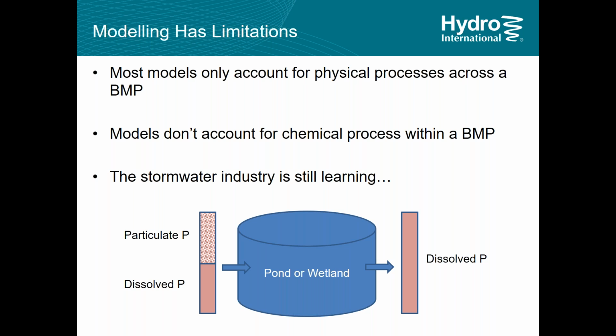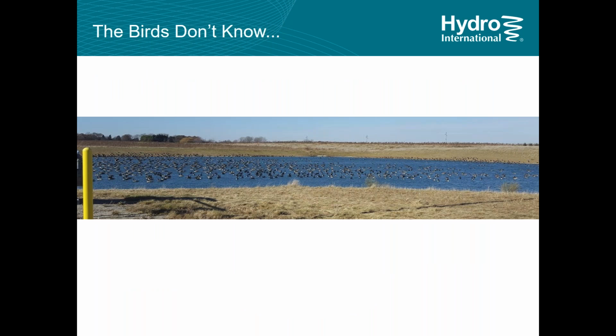The BMP itself is converting the particulate phosphorus to a dissolved form through the year and then exporting that, so that you're merely converting the problem rather than removing it. So there's a lot to learn still in the stormwater industry. This is all very recent research, and it's becoming quite startling that many of these large wetlands, ponds and the like are really turning into converters of phosphorus or nitrogen, and so there's a lot going on there.